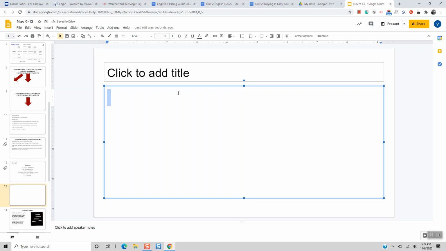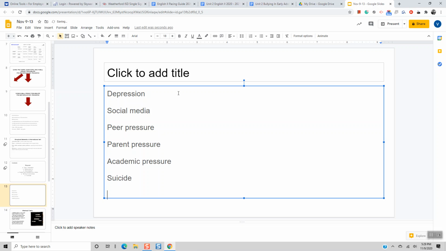social issue. It could be depression, social media, peer pressure, parent pressure, academic pressure, suicide, fitting in, popularity.